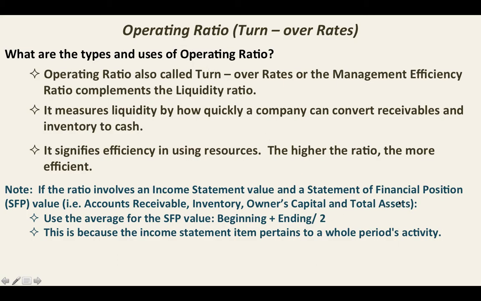Because it involves a statement of financial position value, we have to get the average of the statement of financial position value. The average is computed by adding beginning and ending divided by 2. The reason is that the income statement item pertains to a whole period's activity, so we also have to express the statement of financial position as the whole period's activity by adding the beginning and ending divided by 2. Okay?